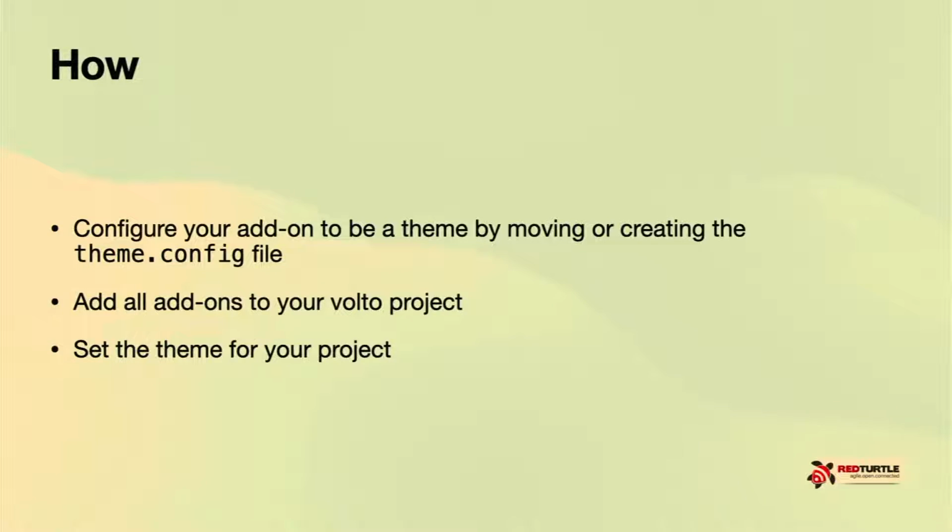So basically, after you created your add-on, there's 3 steps. First, you have to configure your add-on to be a proper theme. And then you add it to your project like any other add-on. And then you have to add a simple line to your project to tell Volto, hey, my theme is in that specific add-on.